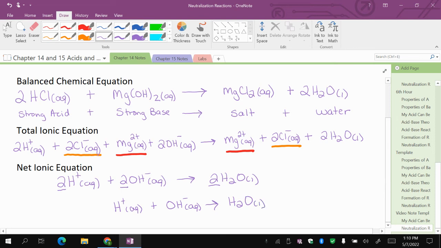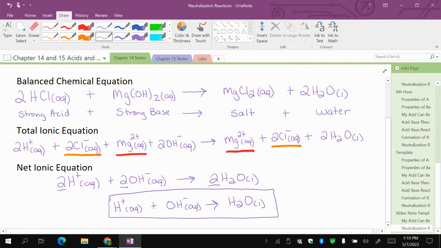And so when you have an antacid like magnesium hydroxide found in milk of magnesia, and it reacts with hydrochloric acid or stomach acid, what's actually happening in that reaction is that the hydrogen ions from the acid are reacting with the hydroxide ions from the base and forming water. And so this would be your net ionic equation.